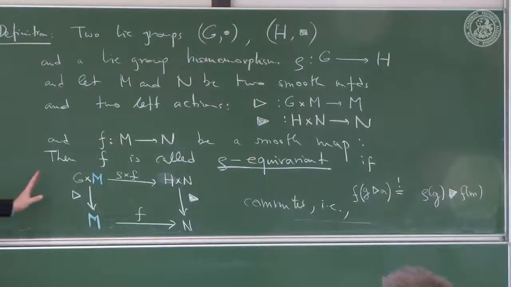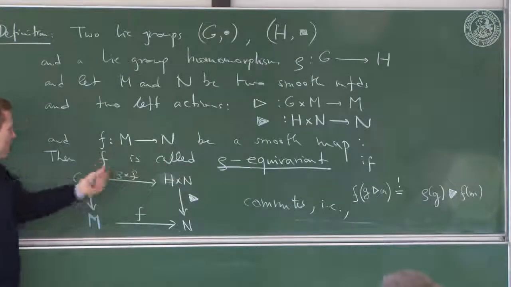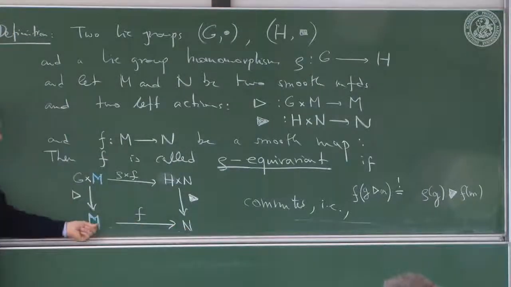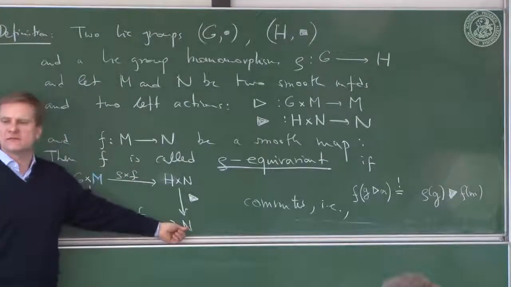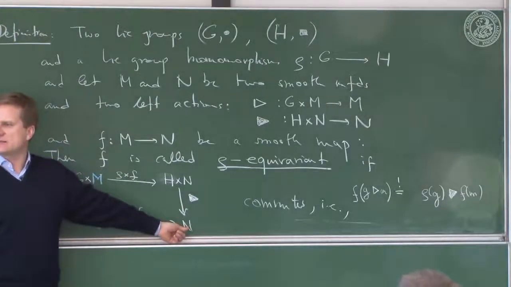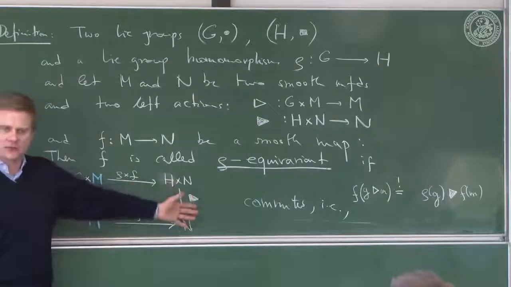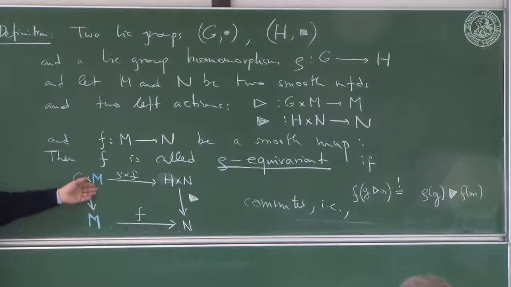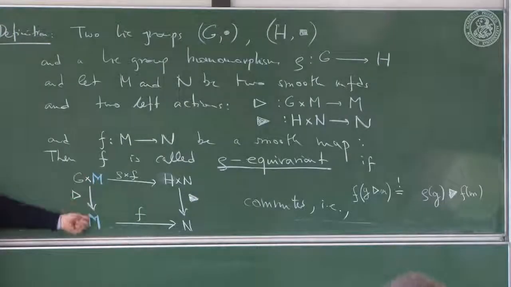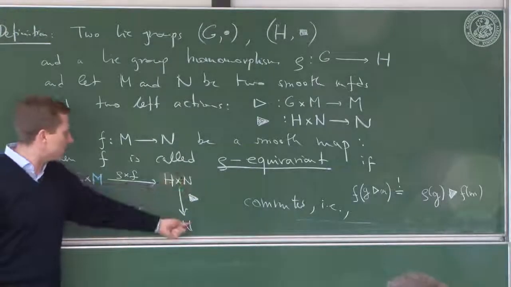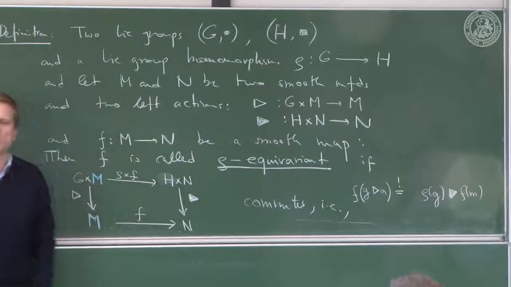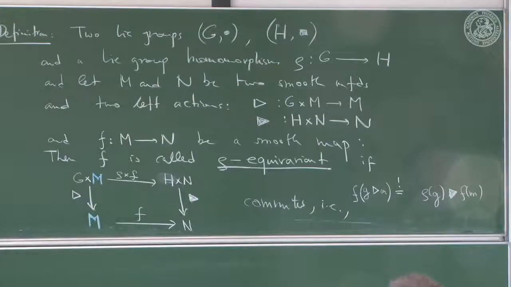So what we're talking about here, rho equivariant maps between manifolds, are maps between manifolds that preserve a left action that's given on the respective manifolds. So it's again the same principle. We're talking about the structure preserving maps between manifolds, only that the structure given now is a particular action of a Lie group on one manifold, a particular action of a homomorphic Lie group on the other manifold. Okay?